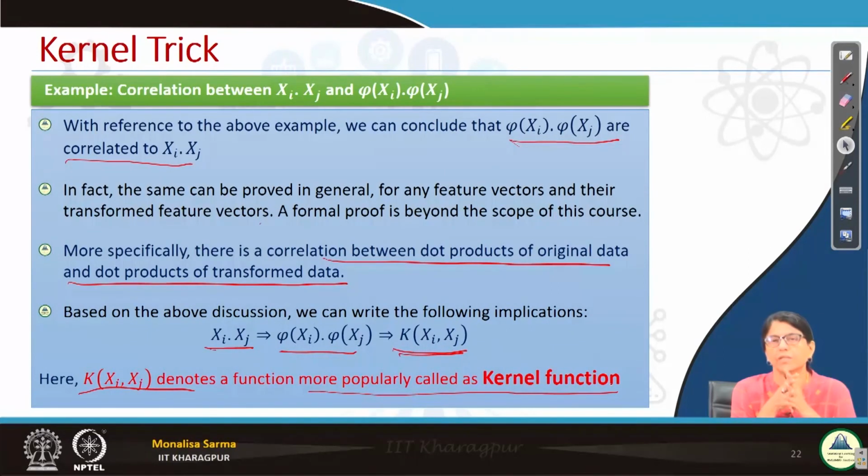Just to give a hint, just to understand what this kernel function is, let me give you a very non-technical analogy. Suppose I have two fruits, and I ask you to compare them. The person I ask is not a very intelligent person.